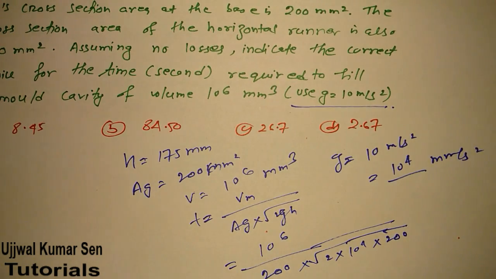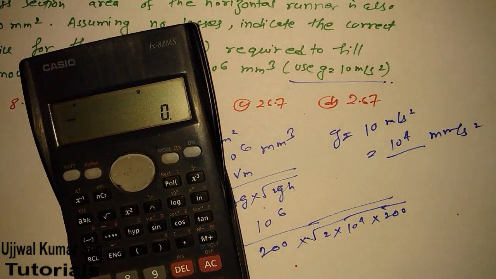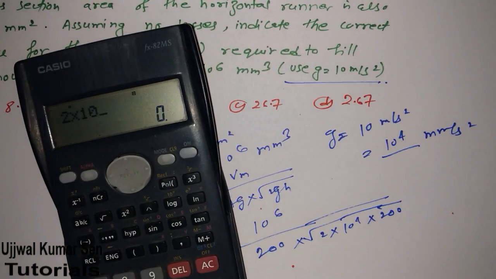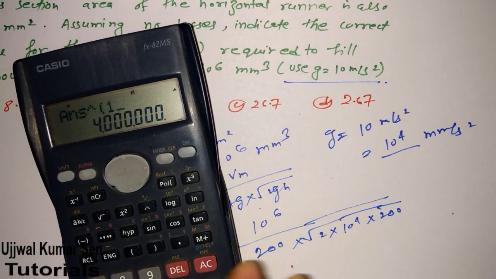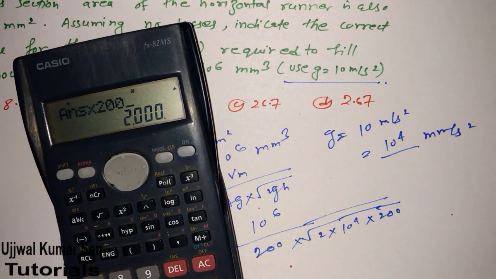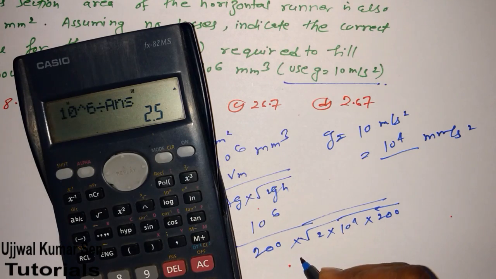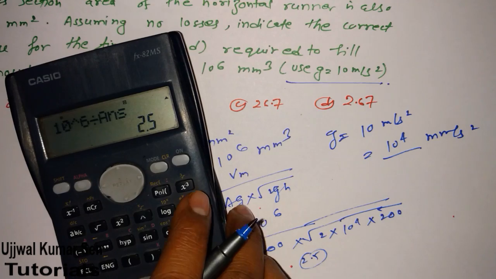Now Vm is equal to 10 to the power 6, Az is 200, 2g is 10 to the power 4, h is 200. Now what do you require? You require a calculator. Don't worry, I'm just going to use it. So 10 to the power 4 into 200, divided by 2, what did we get? 2000.